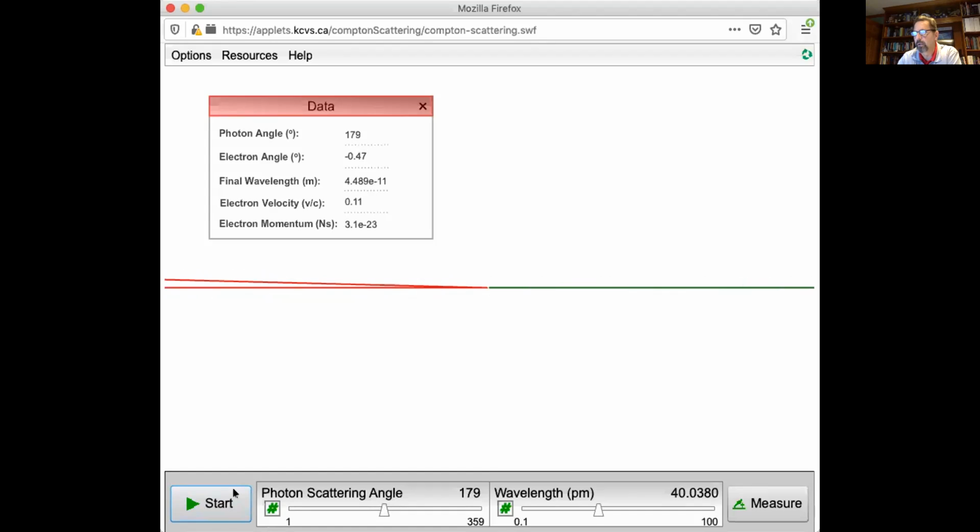And I didn't make clear how difficult, mathematically and algebraically, it is to figure out what the velocity of that recoil electron is. It's not like we're doing differential equations or anything like that. You can see this app just calculates it, doesn't it? It tells you that beta is 0.11 for this particular example with that particular incident photon wavelength.